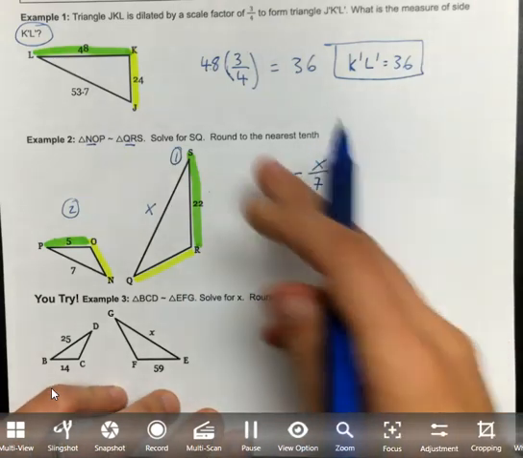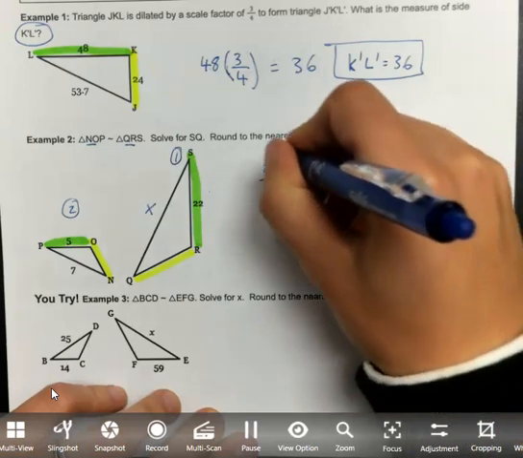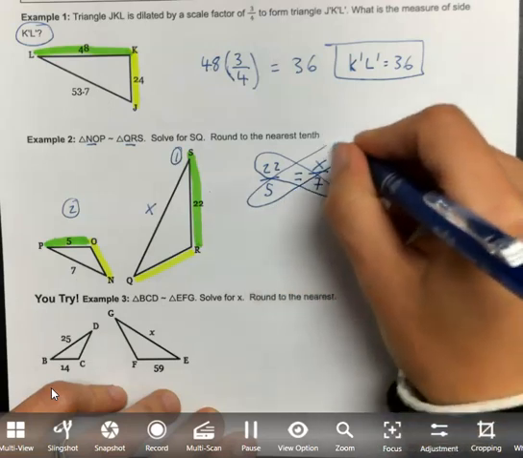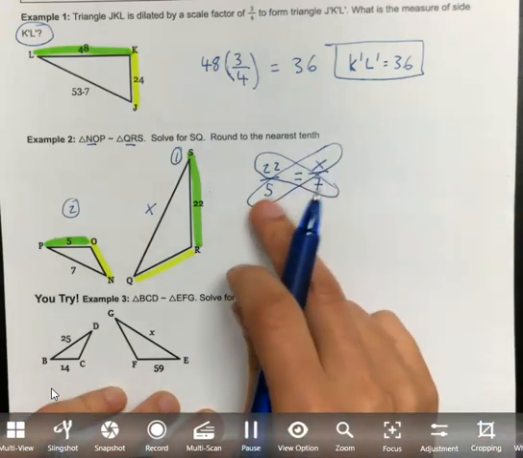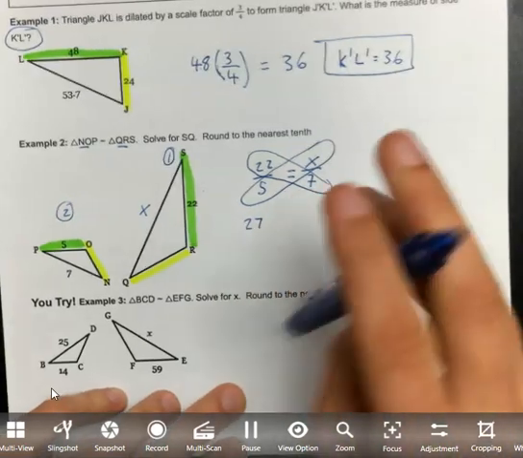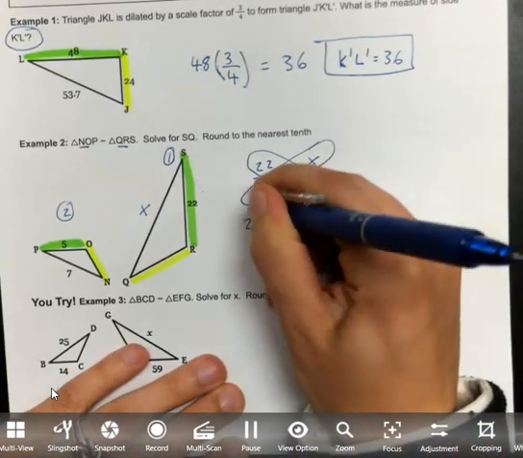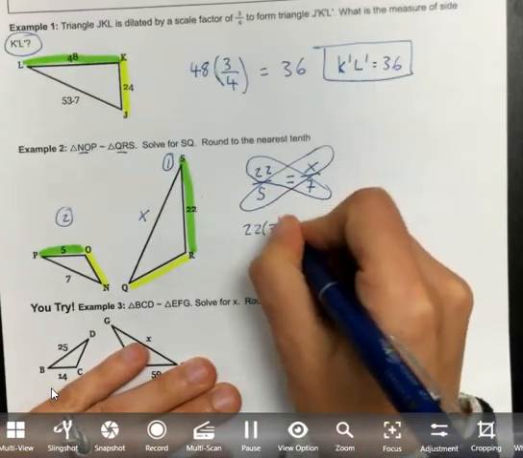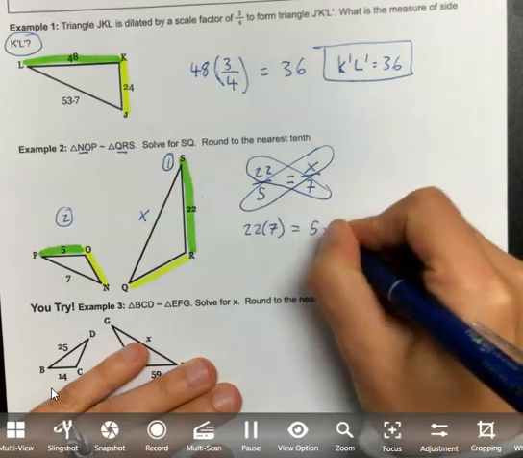Now to solve this, we're going to cross multiply. This gets multiplied with that, and this gets multiplied with this. So we have 22 times 7 is equal to 5 times x.